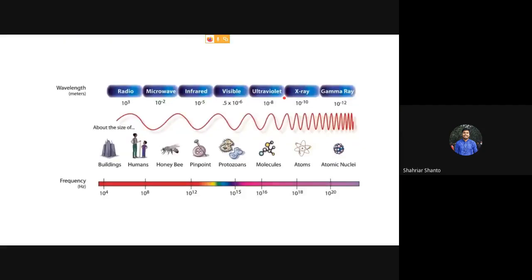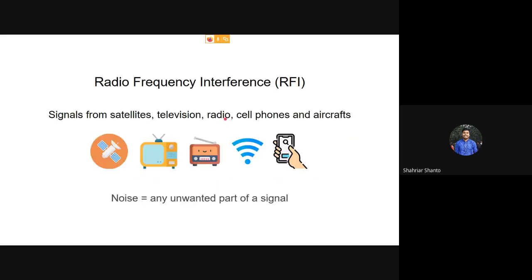Okay, so radio astronomy is actually interested in the frequency range of radio and microwave both. And coincidentally, that frequency range is also very useful to us humans. We are using it for communications, right?